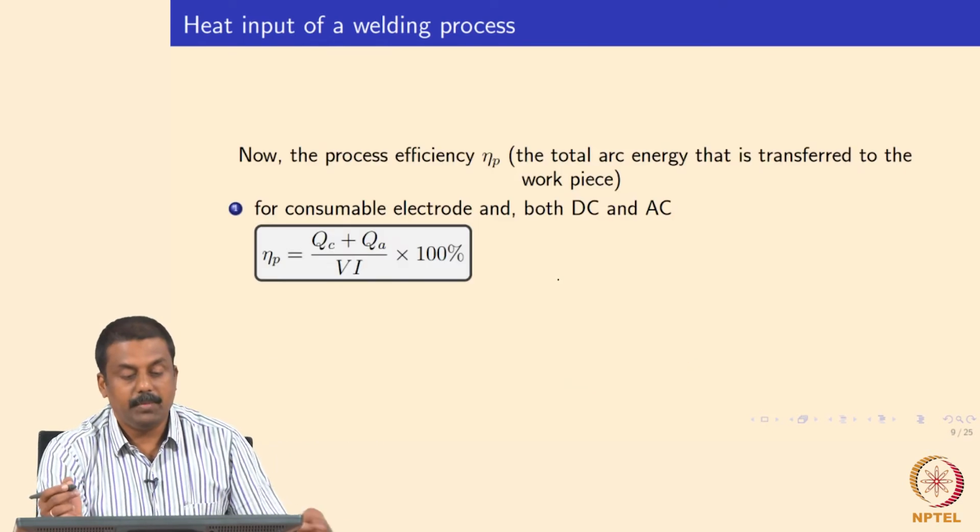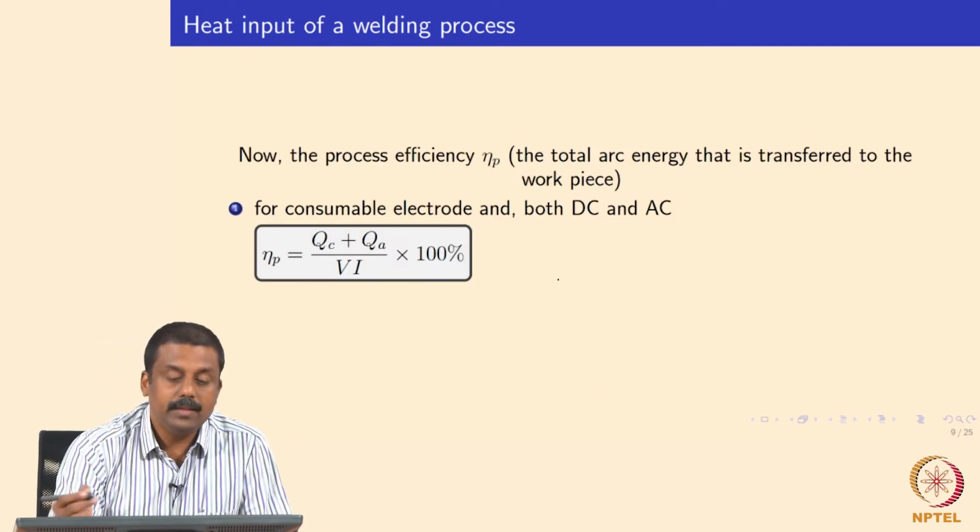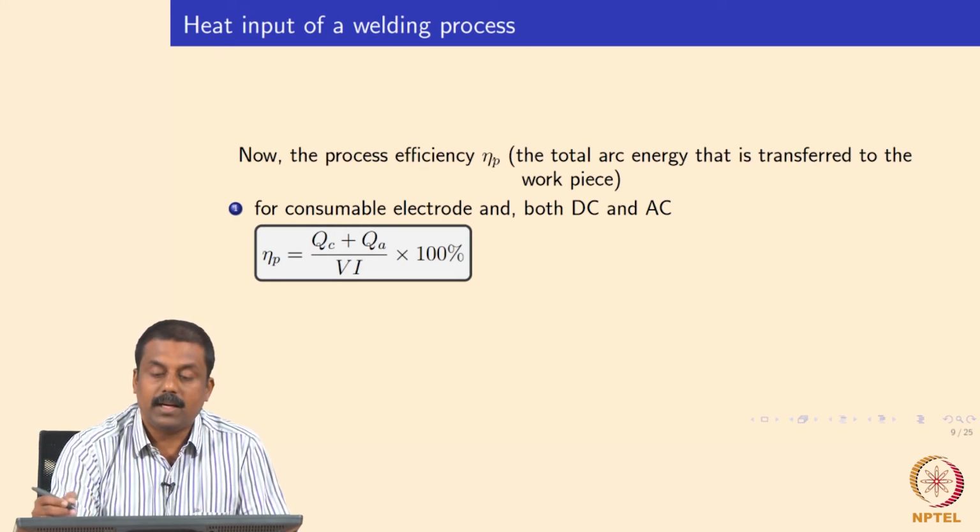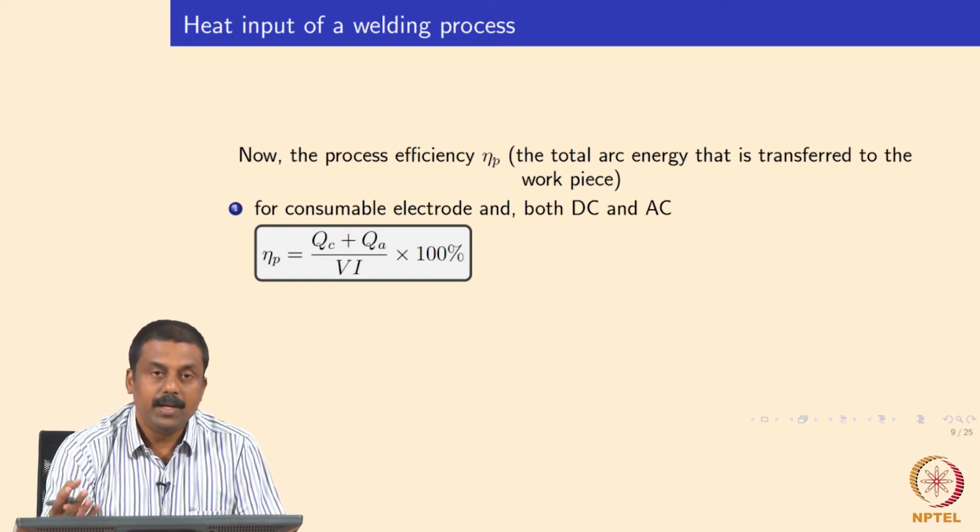Then the efficiency can be calculated very easily. Process efficiency is nothing but the total arc energy that is transferred to the workpiece. In this consumable electrode process, you also melt the consumable and transfer the droplet to the workpiece.